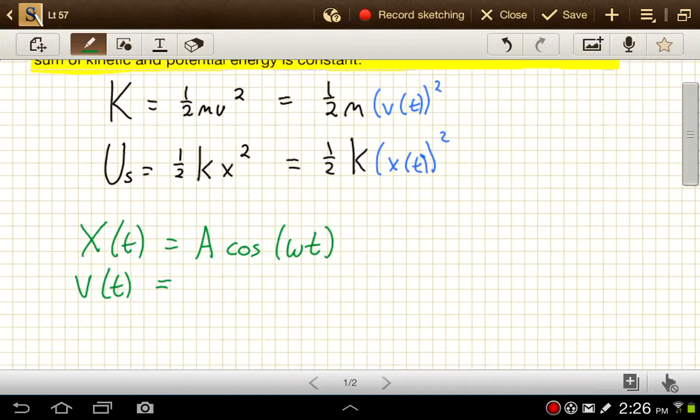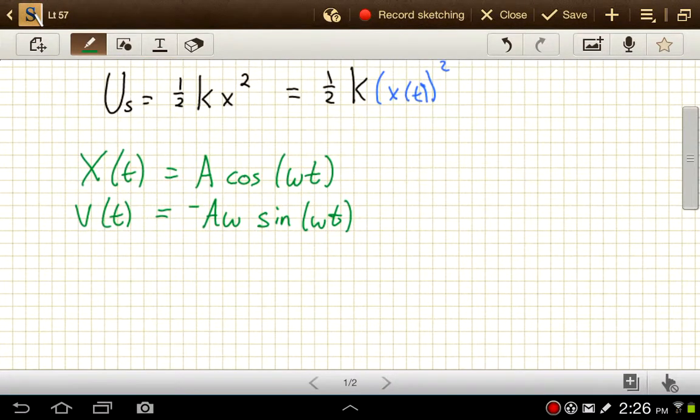So the derivative with respect to time of the position function, that'd be the velocity function. So the derivative of this is going to be negative a omega times the sine of omega t.